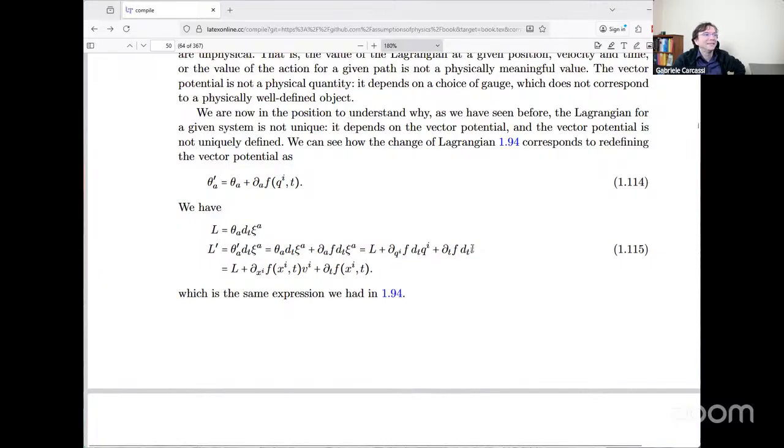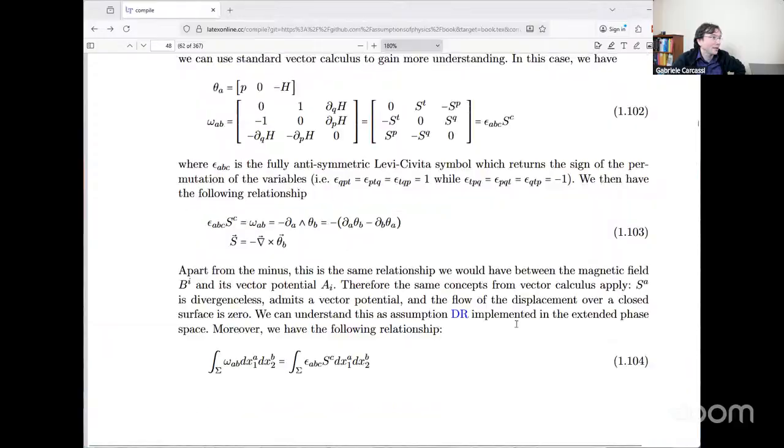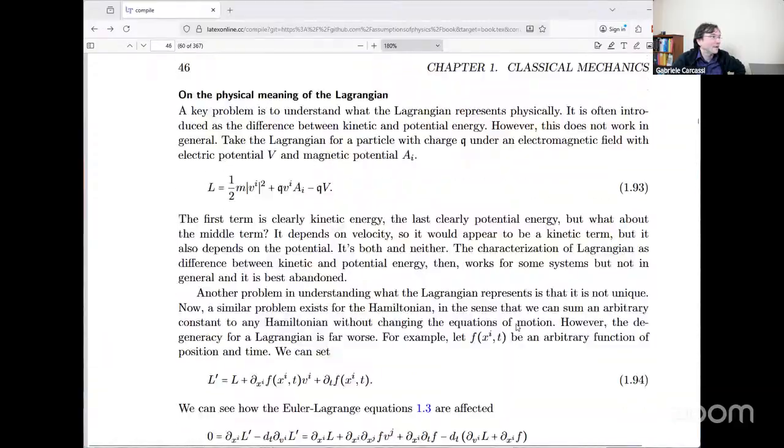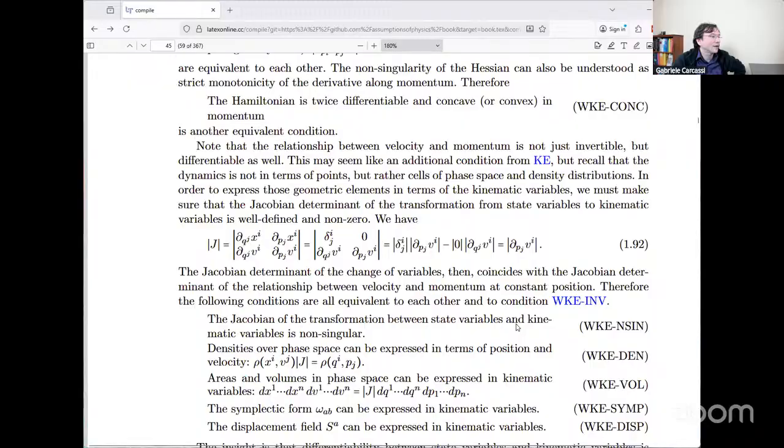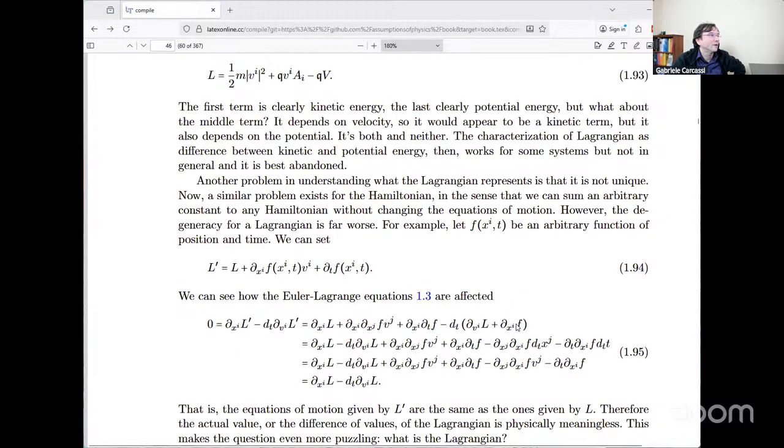So this dt is 1, this is the partial derivative in time, and this is just the partial derivative of f with respect to position times the velocity. And if you look at what we saw like half an hour ago, that's exactly the type of transformation somewhere here. There you go, right?